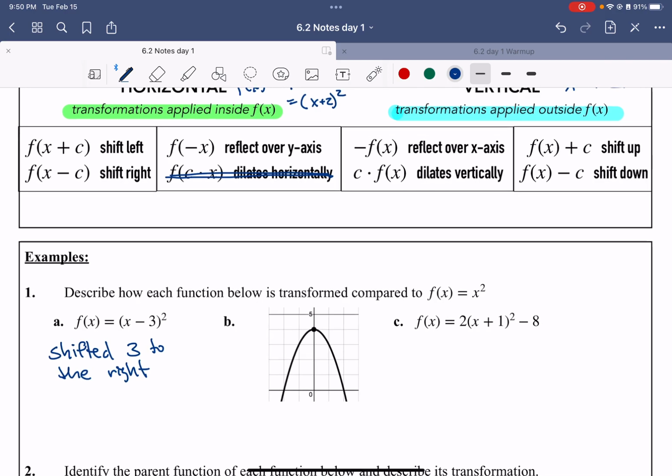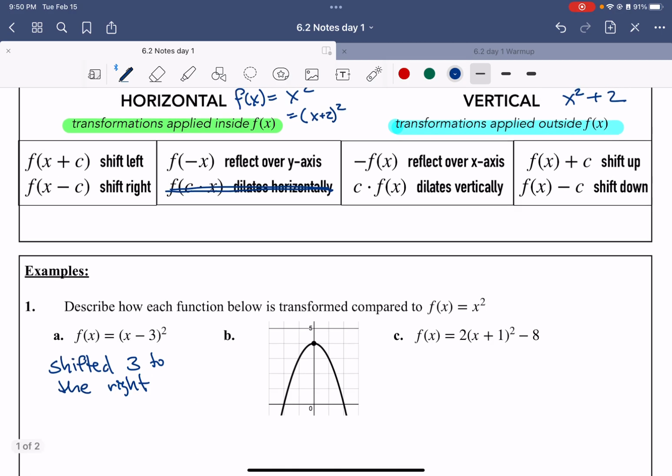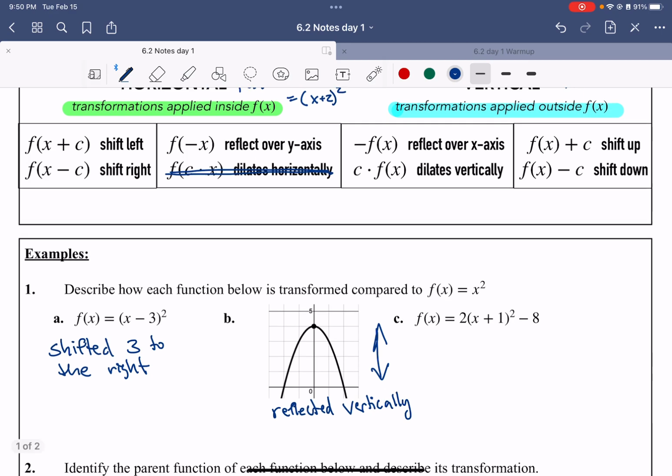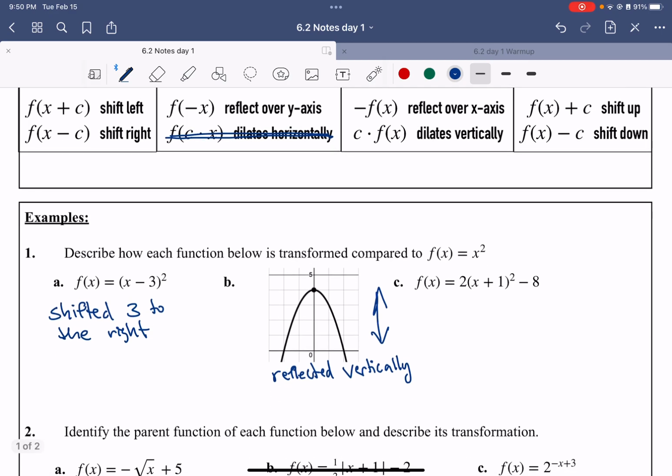This next one is a picture. So we have to kind of describe it based on the picture. So looking at it, one thing I notice is that it's flipped upside down. And so that is reflected. You could say it two ways. You could say reflected vertically, because it's being reflected up and down this way. Or you could also say that it's reflected over the x-axis.